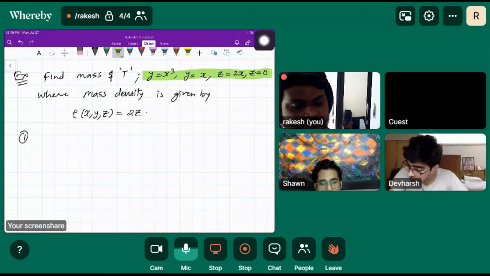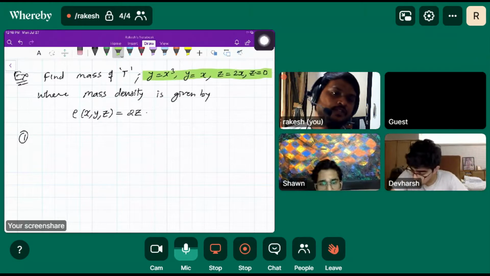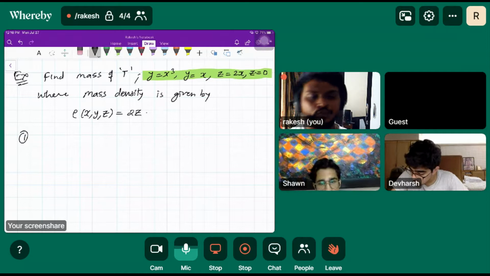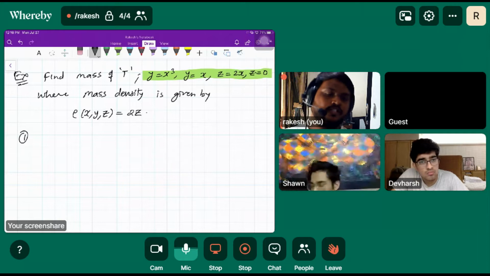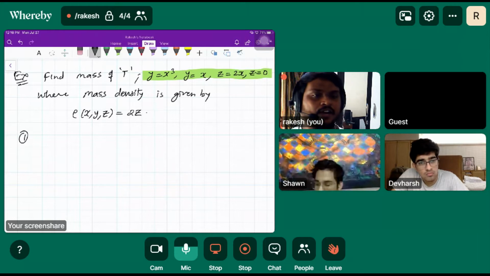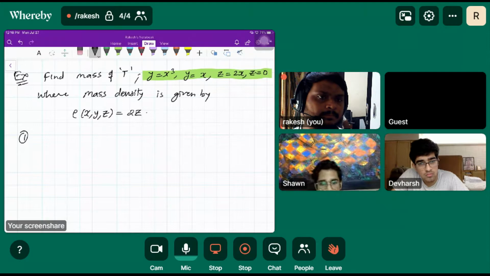The given functions are y is equal to x cube, y is equal to x, z is equal to 2x, z is equal to 0. So we are already given two functions in terms of z is equal to f of x comma y. Right? Mano, are you there? He's not.